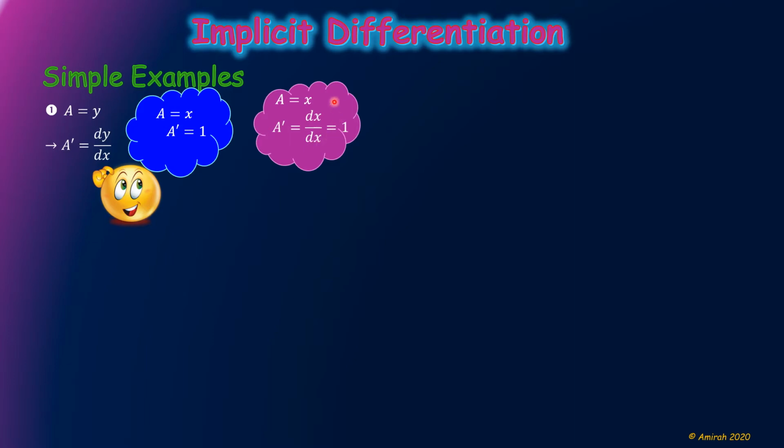After we differentiate x, we have dx over dx, then we can simplify, so we have 1 here. That's why when we differentiate x, we have 1 only. But when we differentiate y, we have dy over dx, and we cannot simplify dy over dx. That's why we still have dy over dx here.